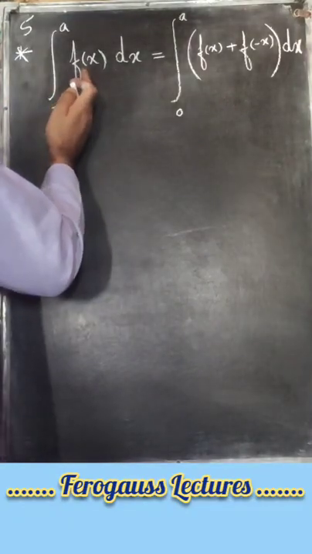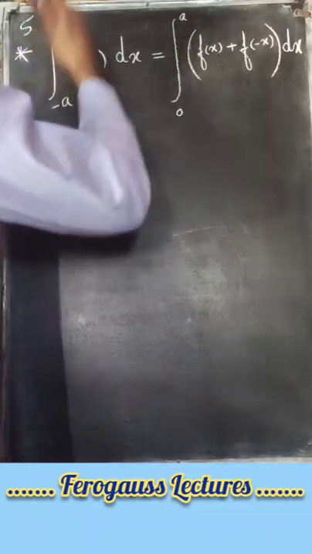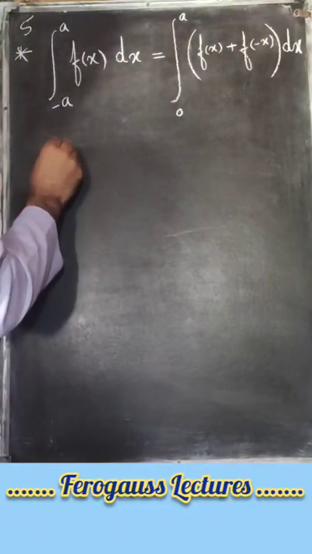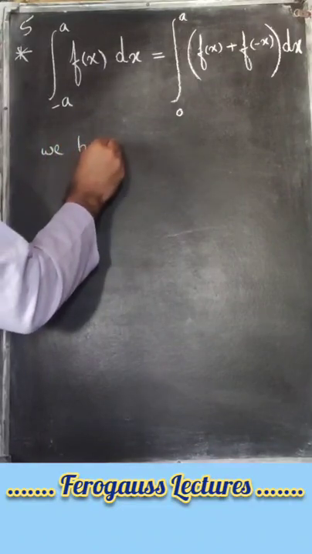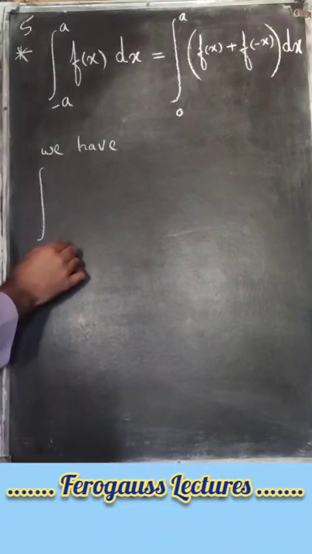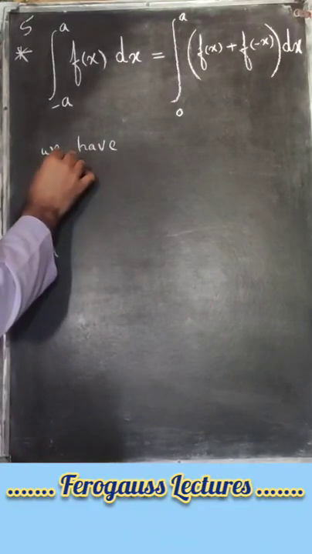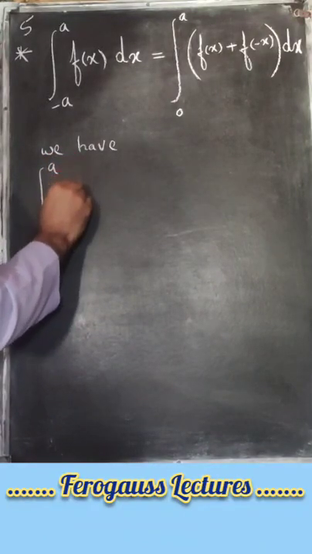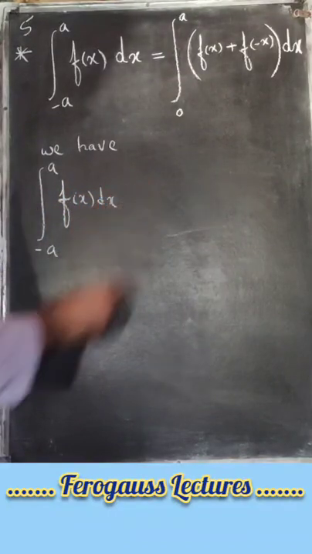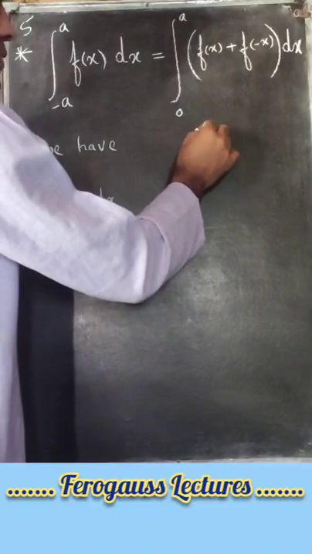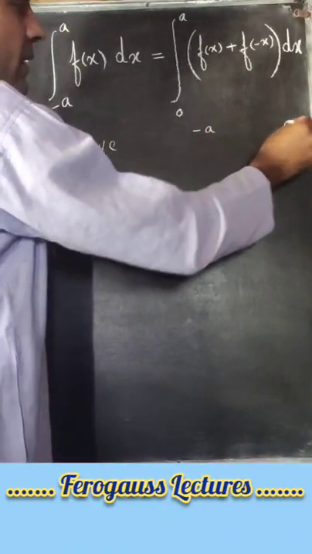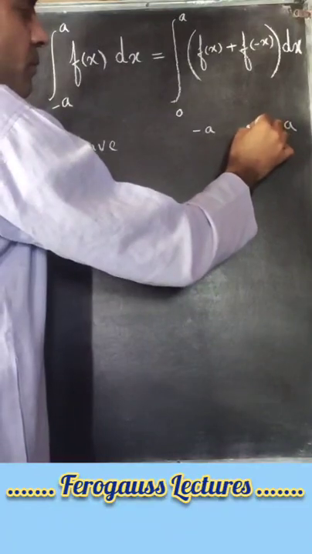For that we take LHS and we will prove that this is equal to RHS. Now in LHS we have the integral from -a to a of f(x) dx. We know that if we have points -a and +a, then there is a point in between, that is 0.